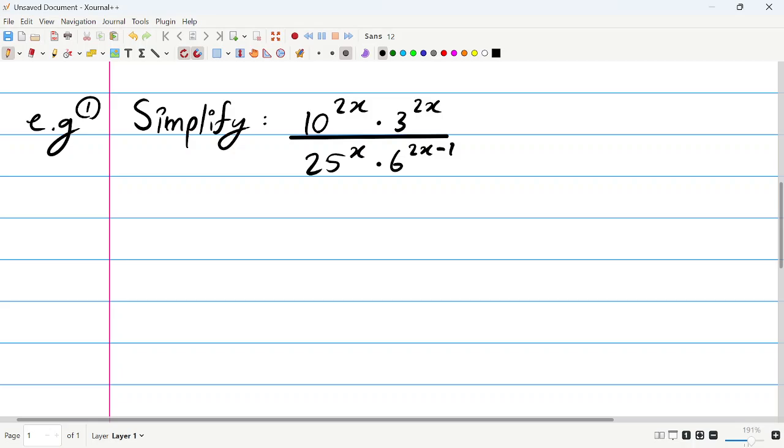Now, what we need to remember is that all of these values need to be shown in their prime factor form. Meaning, obviously 3 is a prime number, so we don't need to convert that. But how are we going to convert these values to their multiplying prime factors?